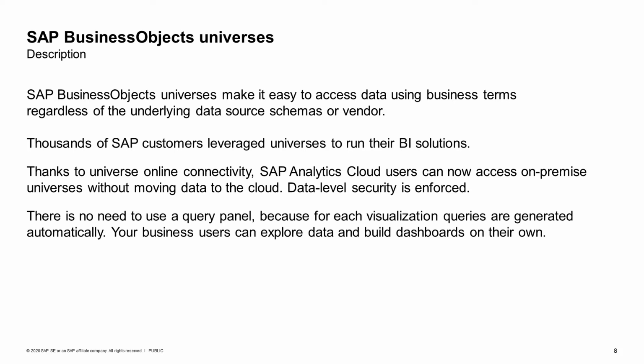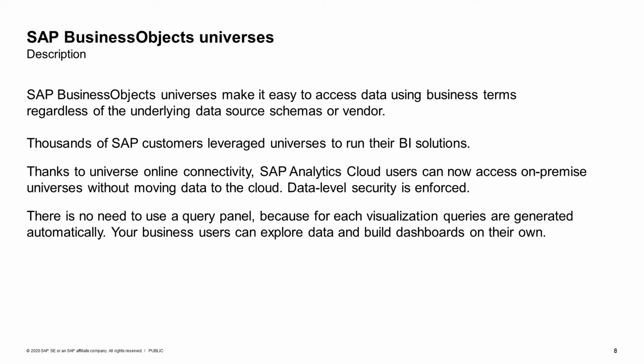your universes. Because when using Live Data Connect data in SAC, end users creating a story will only have access to the data they are allowed to see as defined in the BI platform. All securities are applied wherever they have been defined in the BI platform. So it could be on the universe itself with specific filters, or at the row security level, or in the CMS with specific overrides.